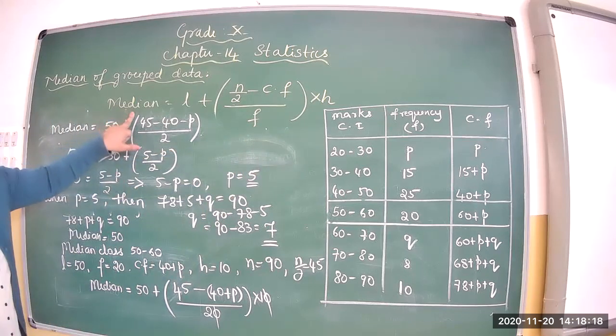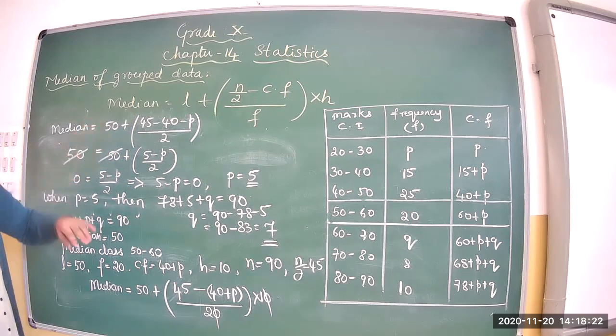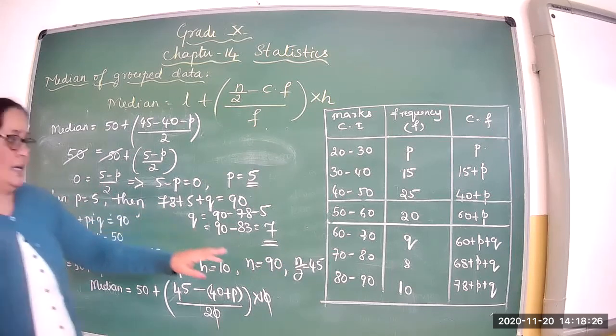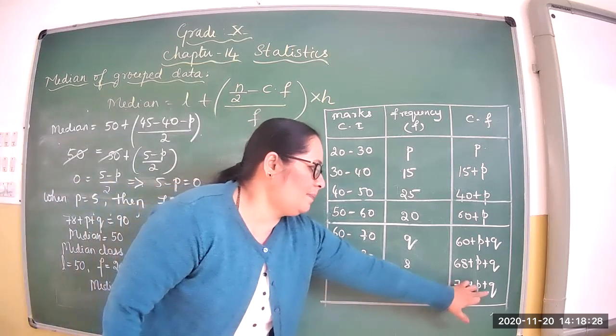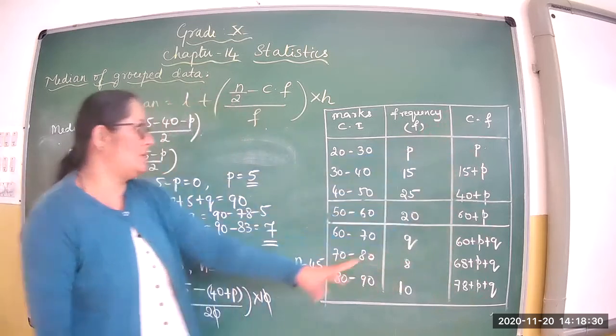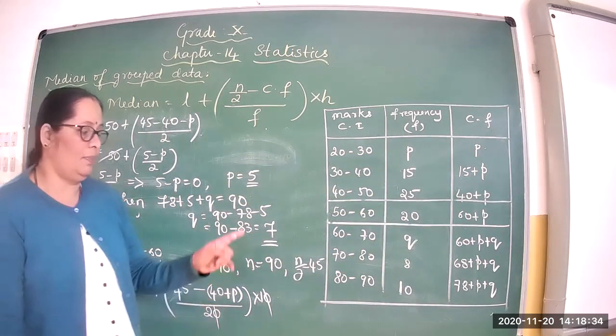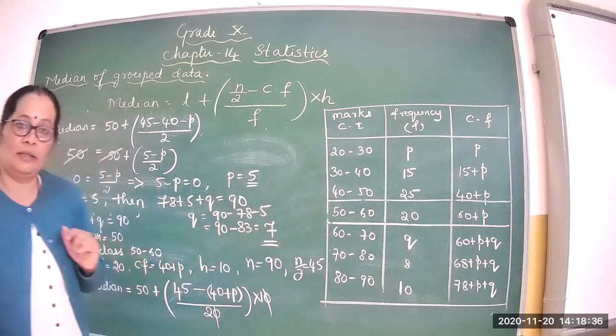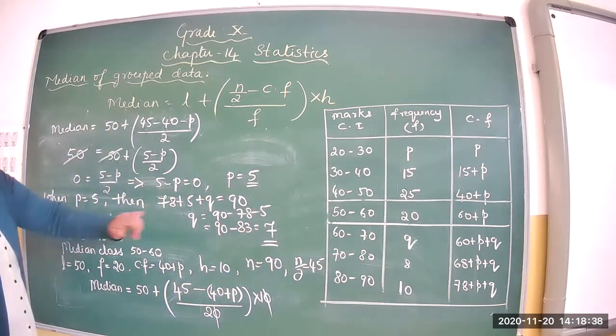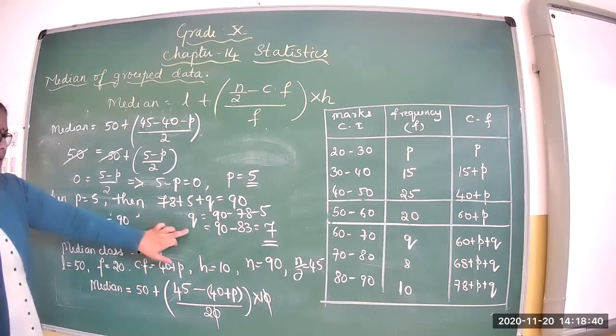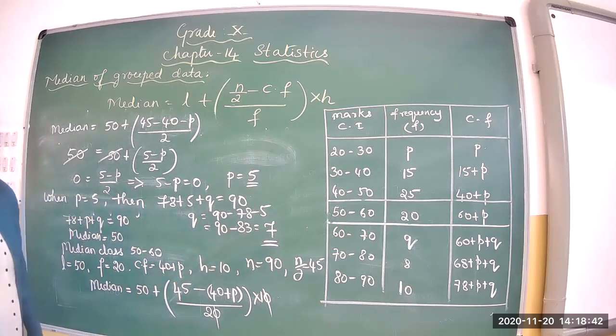Using this formula we can find P. Once we get P, you will easily find Q using 78 plus P plus Q, the sum of all the observations, which is given as 90. Substitute P as 5, then you will get Q equals 7. So like this, you need to find the P and Q values.